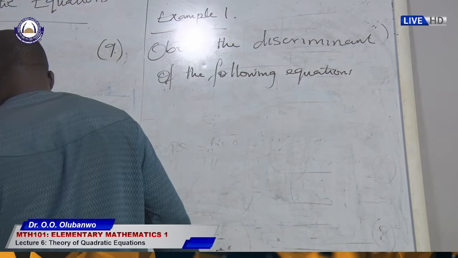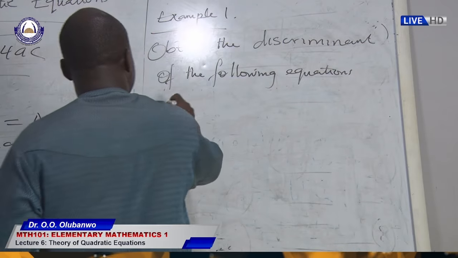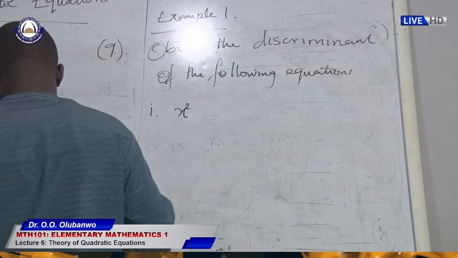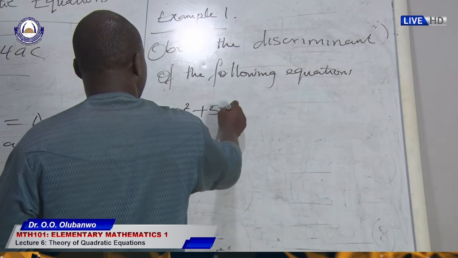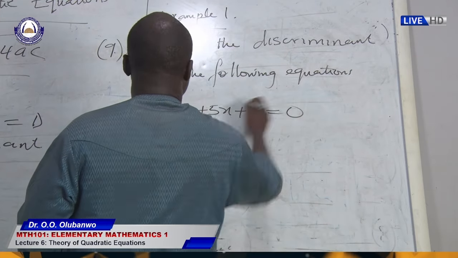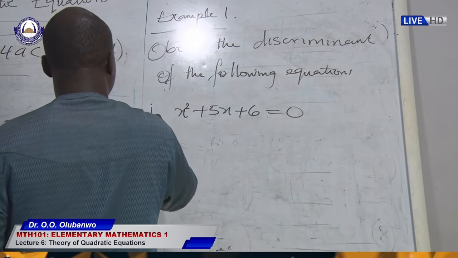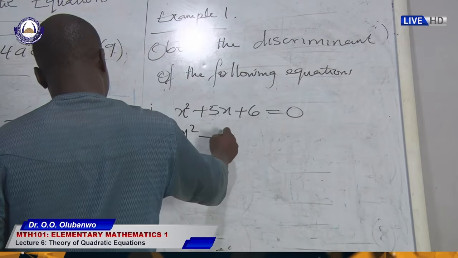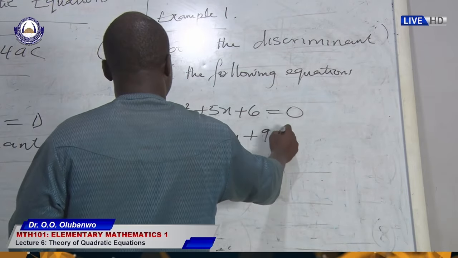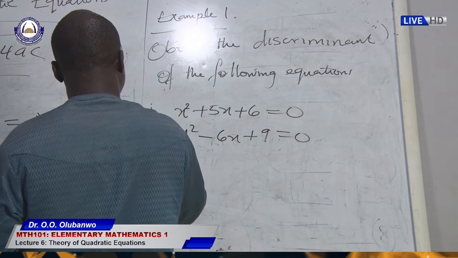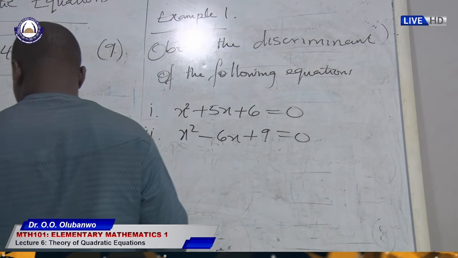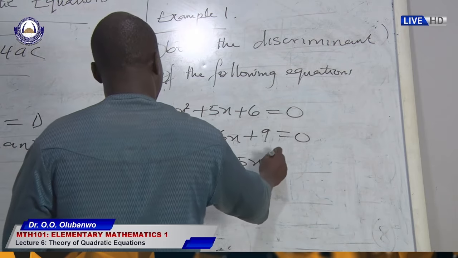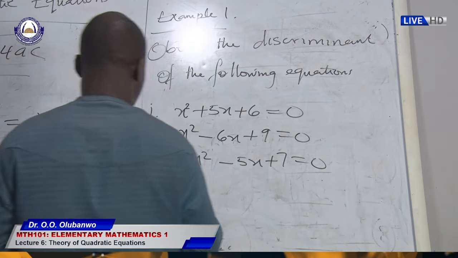The first one is x squared plus 5x plus 6 equals 0. The second is x squared minus 6x plus 9 equals 0. The third one is 2x squared minus 5x plus 7 equals 0.